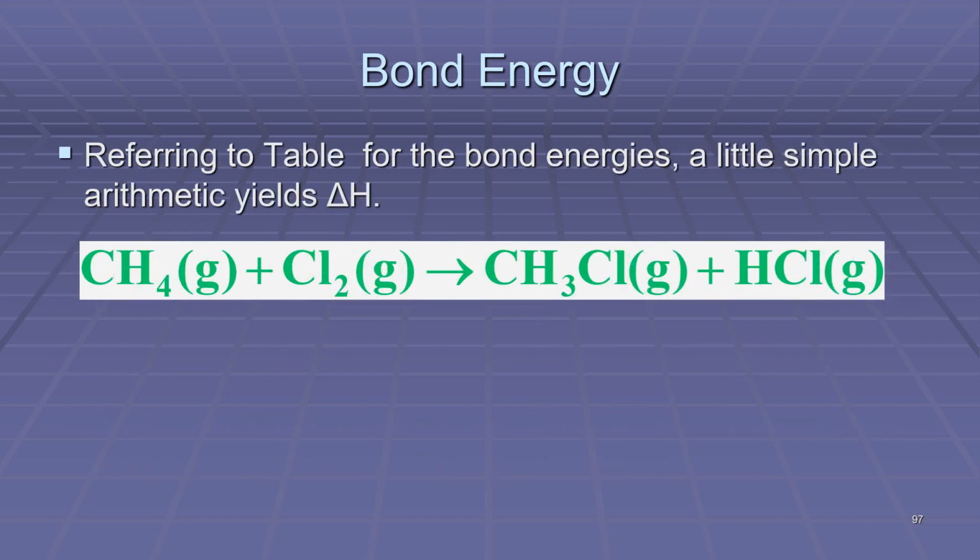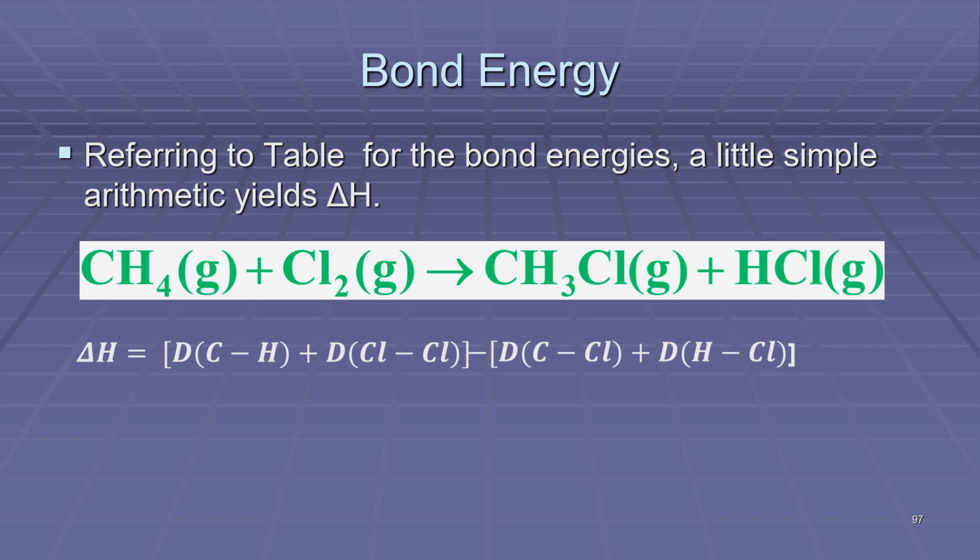Okay, so then we just look up the numbers and we see delta H is the bond energy of the CH bond plus the bond energy of the Cl-Cl bond. Sum those up, then we have the bond energy of the CCl bond plus the bond energy of the HCl bond, and sum those up.